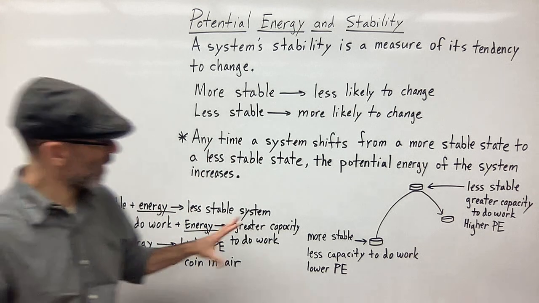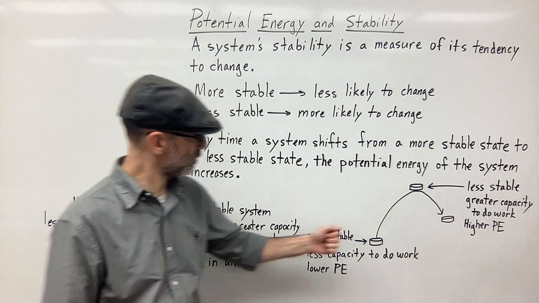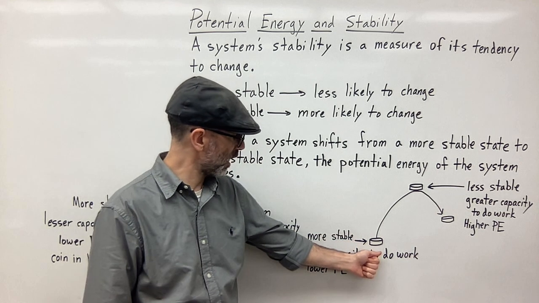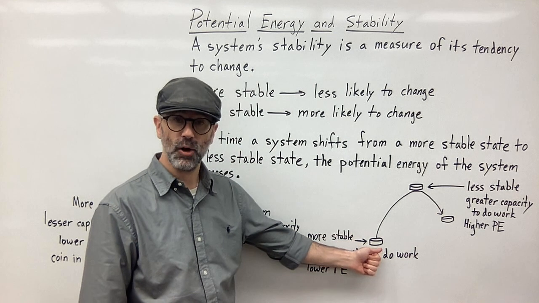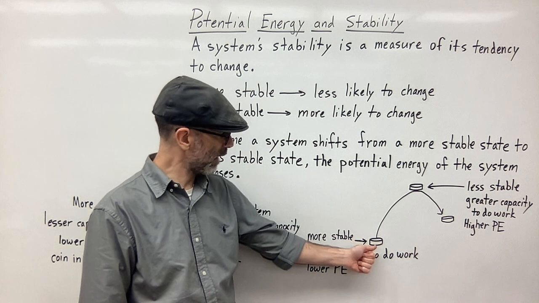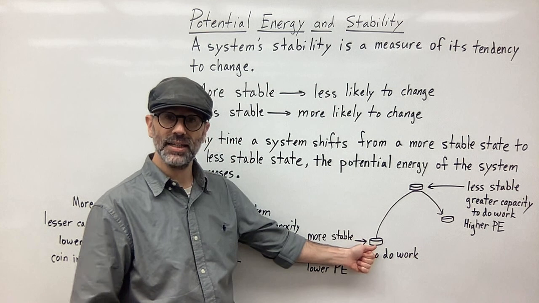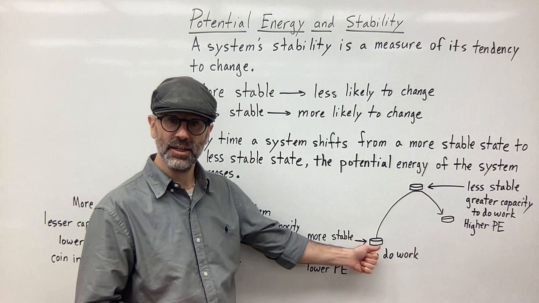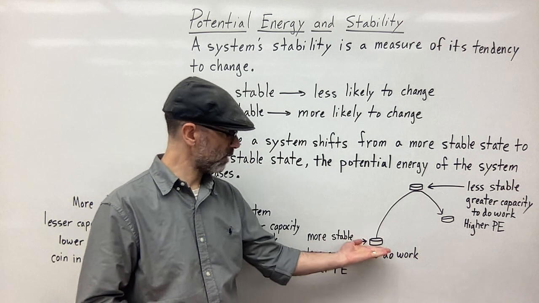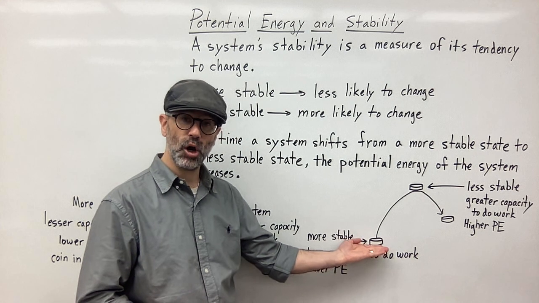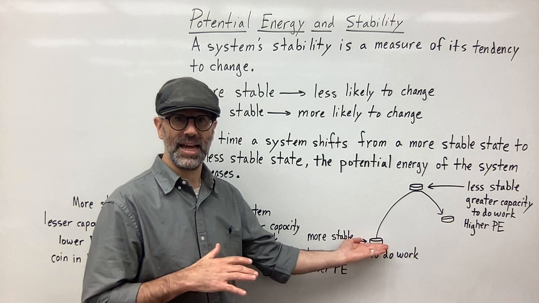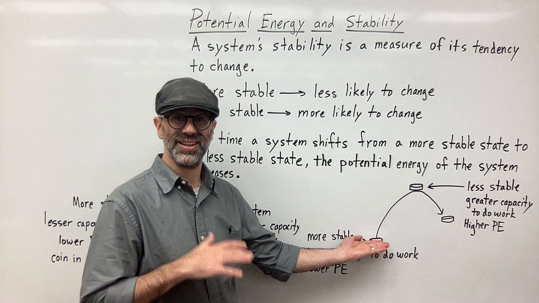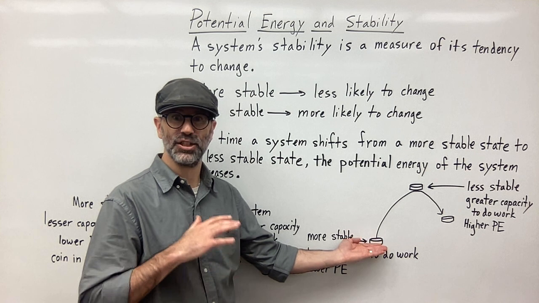So if we look at my coin toss again, right? I have my thumb here. I'm going to flip the coin. So here at rest, it's stable. It's in my hand, right? It's on my thumb or in my hand. And so as it's resting on my hand, it's stable and therefore less likely to change, less likely to do work.